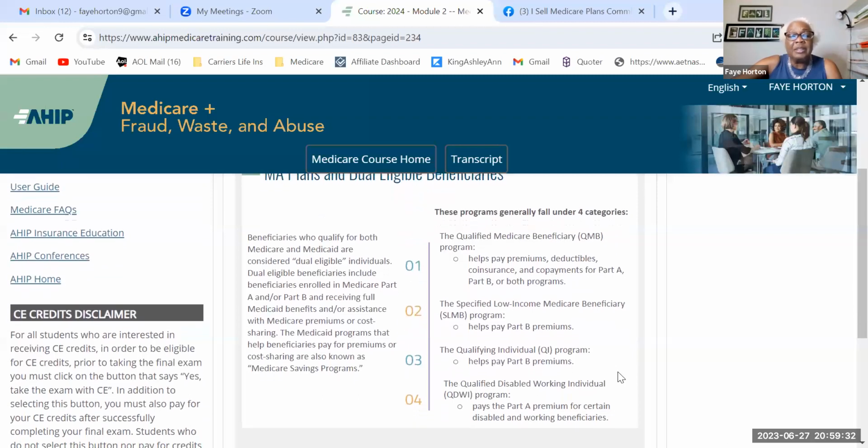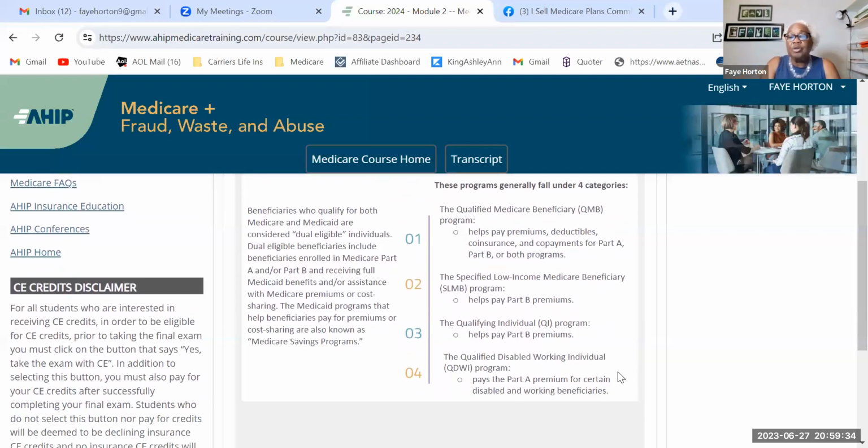Medicare Advantage plans and dual eligible. These plans generally fall into 4 categories. Number 1, the QMB, qualified Medicare beneficiary, that's the person who has full Medicare. The plans help pay premiums, deductibles, coinsurance, copays for Part A, Part B, or both programs.